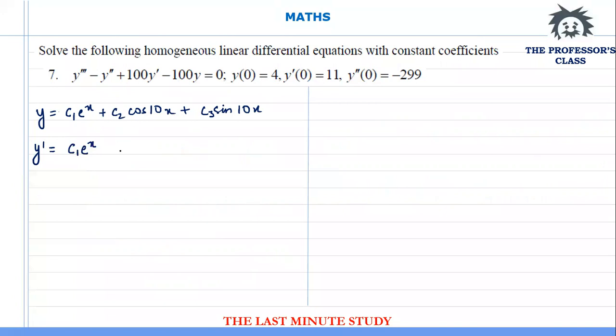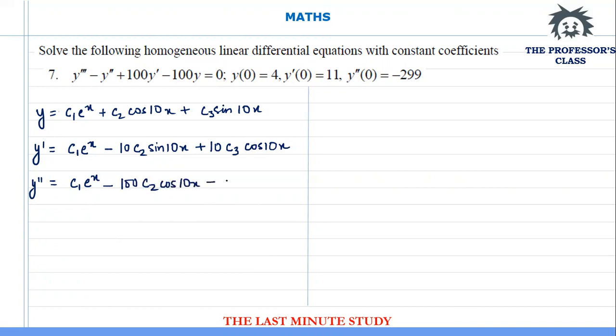The derivative of cos is minus sine, so I'll get minus 10 C2 sin 10x. Similarly, the derivative of sine is plus cos, so I'll get 10 C3 cos 10x. I can also calculate the second derivative, which will become C1 e raised to the power x minus 100 C2 cos 10x minus 100 C3 sin 10x.